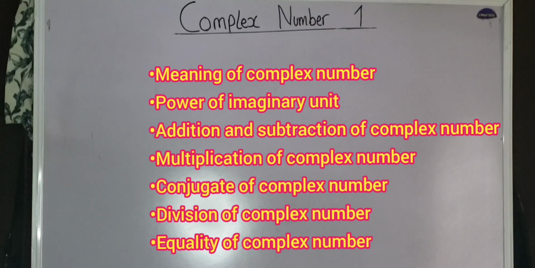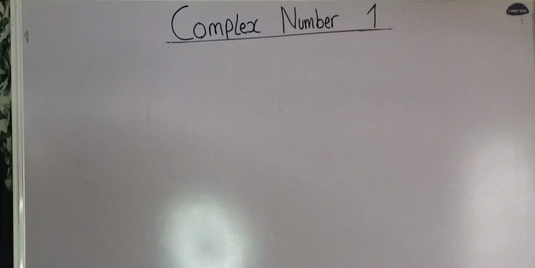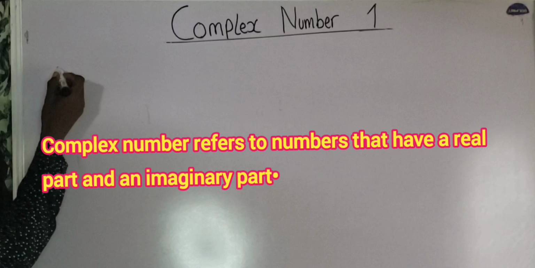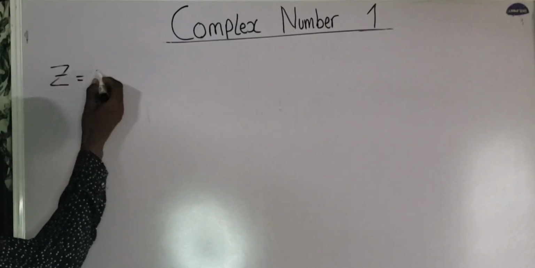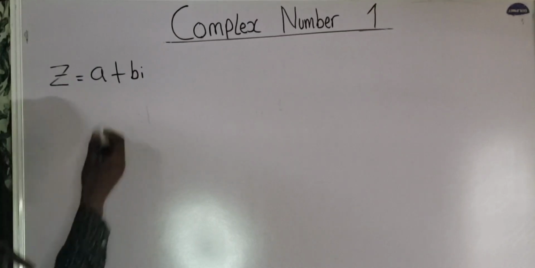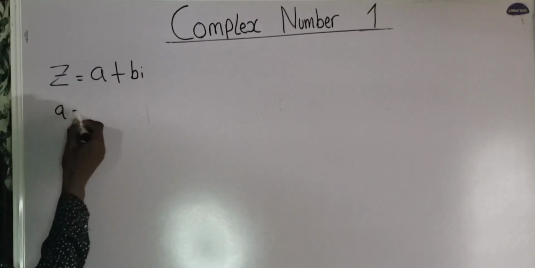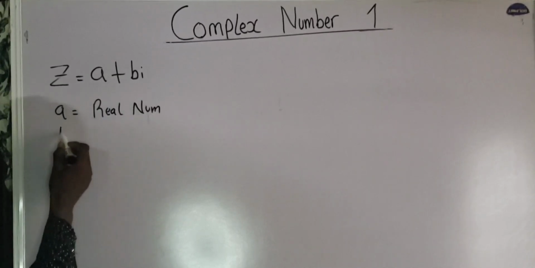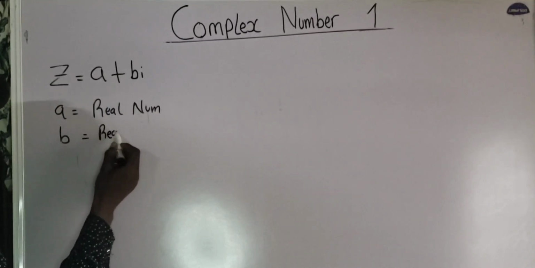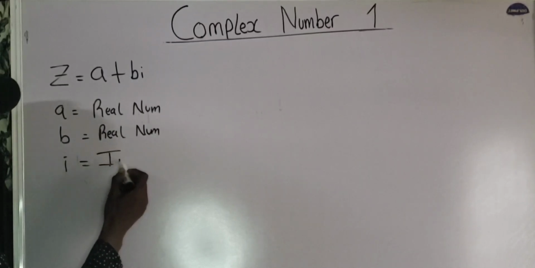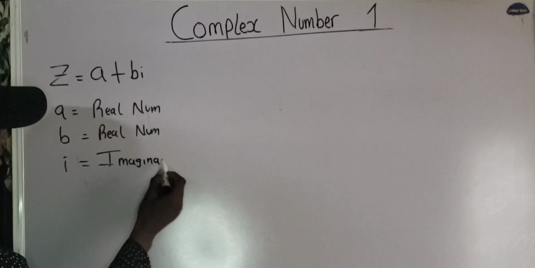The big question is, what is a complex number? A complex number refers to a number that has a real part and an imaginary part. It is usually represented as Z equals A plus BI, where A is a real number, B is also a real number, and I is the imaginary unit.